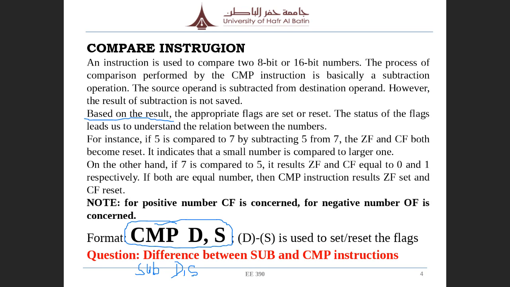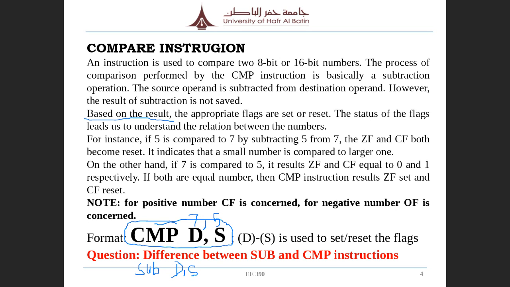For example, 5 is compared to 7 by subtracting 5 from 7, so D is 7 and S is 5.